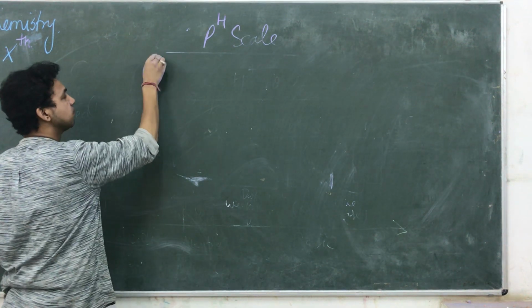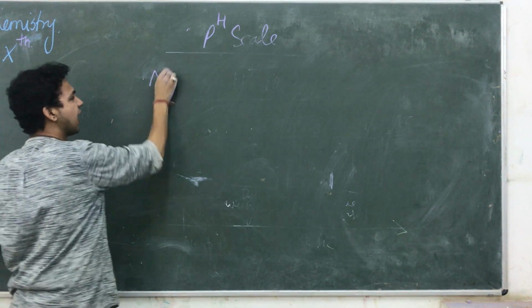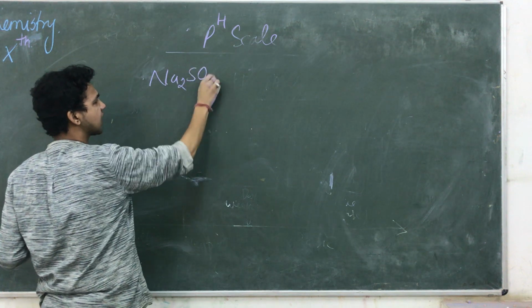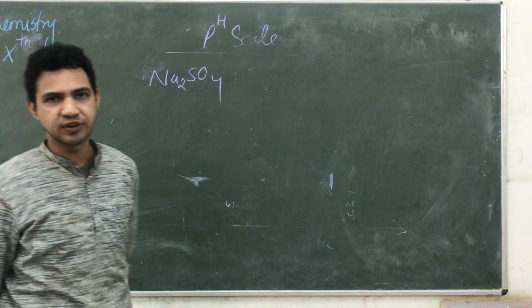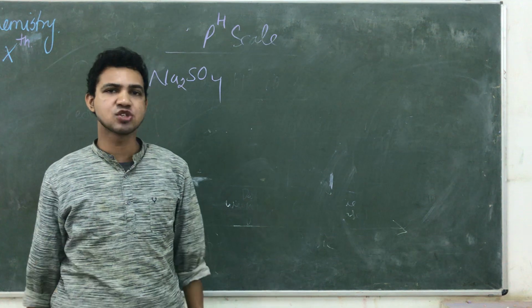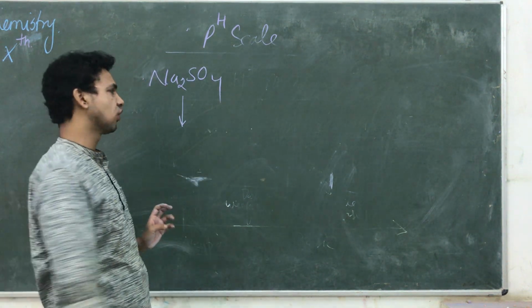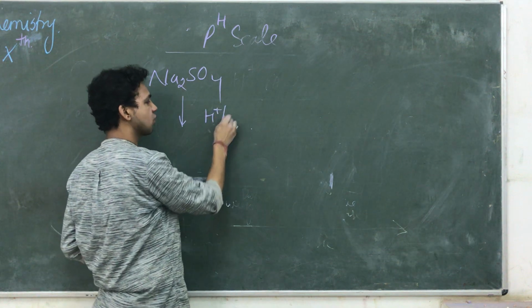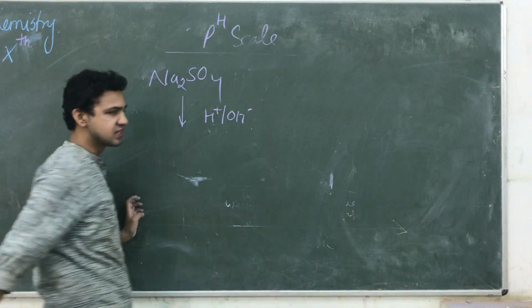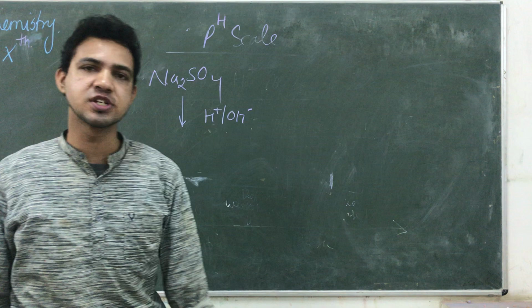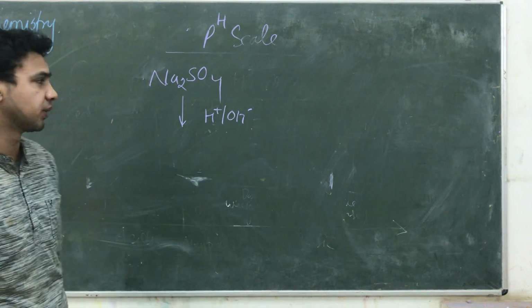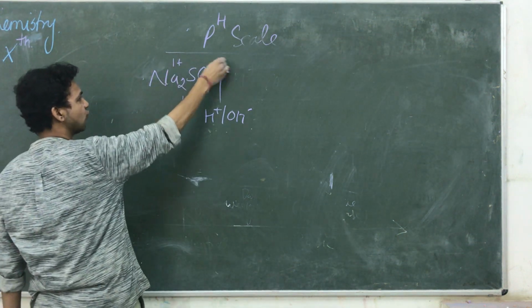Suppose we have the salt Na2SO4, and you are asked to find its pH value: is it a strong acidic salt or basic? To find out the nature of a salt, first of all we dissolve this salt in water. To find the nature of any salt, what do we dissolve it in? Water. So Na is plus, SO4 is minus.